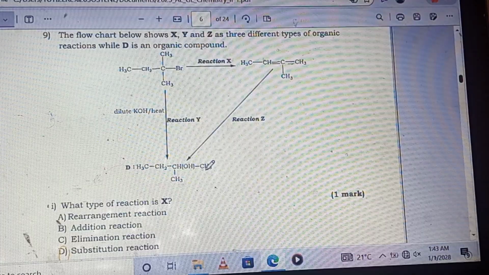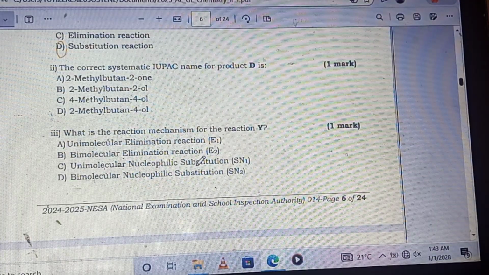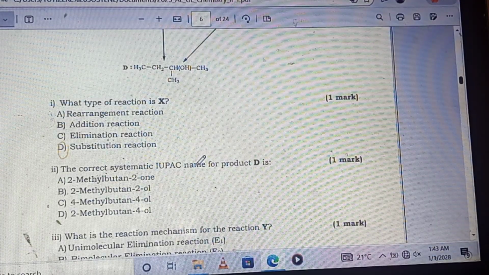The parent name is butane, and the functional group is alcohol. The correct answer is letter B, 2-methylbutan-2-ol.